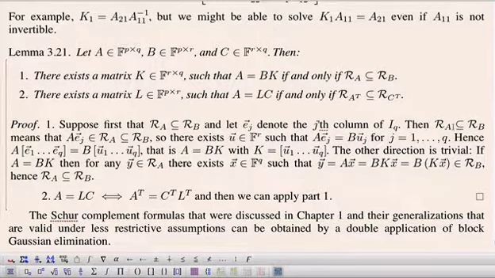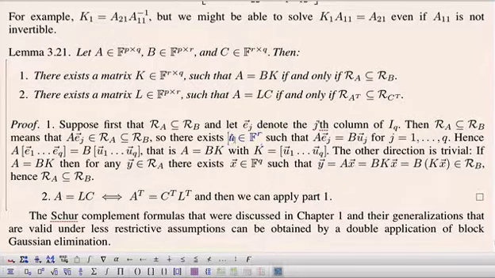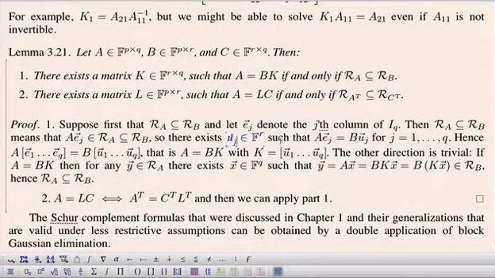Then the range of A being a subset of the range of B means that A times Ej, which is clearly a vector in the range of A, is supposed to be inside the range of B. So that means that there exists a vector Uj in F^R such that A Ej equals B Uj. And j goes from 1 to Q.